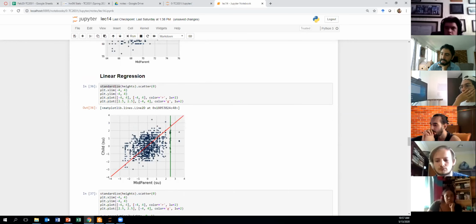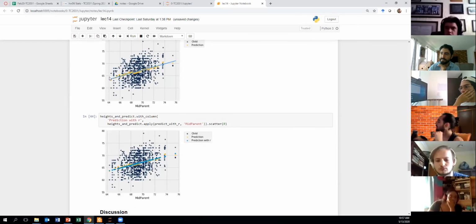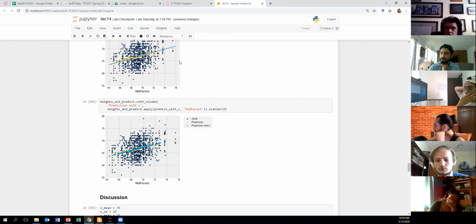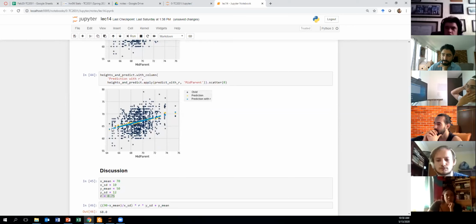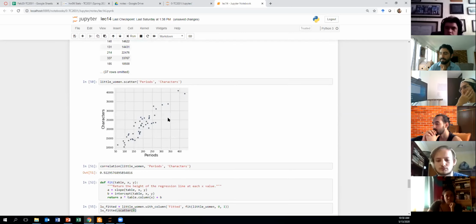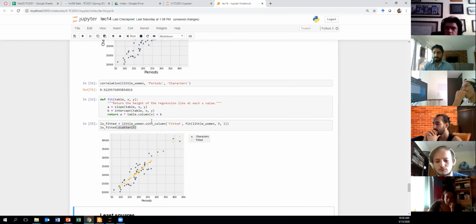Then I see this is exactly the same as if I draw the line using my R value. You can see it's following exactly the same thing. So if I predict using my R, I get this data. It looks the same as getting the average. That was one way. Here, what we are doing now is the same thing using the slope and intercept concept, calculating the values. Any questions?